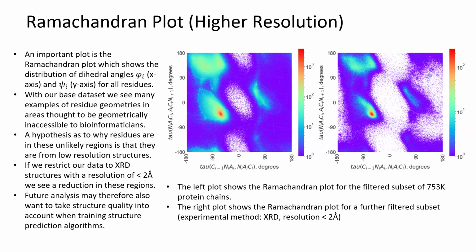So the chains that are generally regarded as higher quality within the PDB. And from this, we saw a lot less in those central regions, which was more as expected. So again, going back to training neural network algorithms, you might want to consider the resolution of this data when training them.